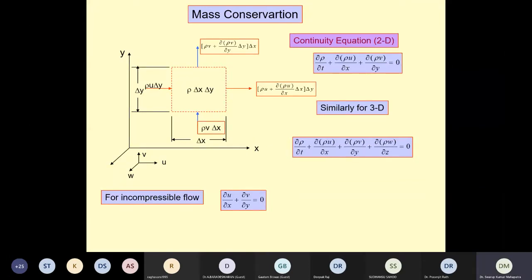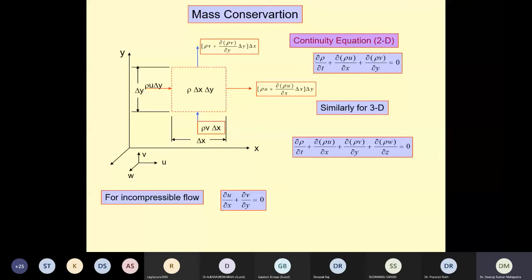What I mean to say is, these three equations, mass conservation, momentum, and the energy equation, from a mathematics point of view, are partial differential equations.